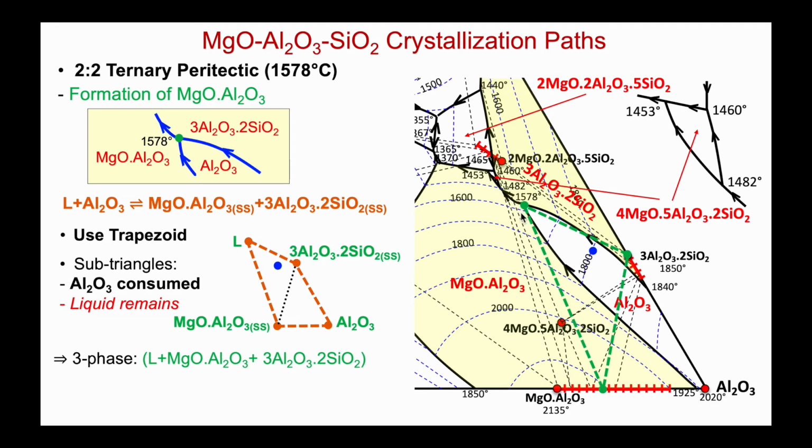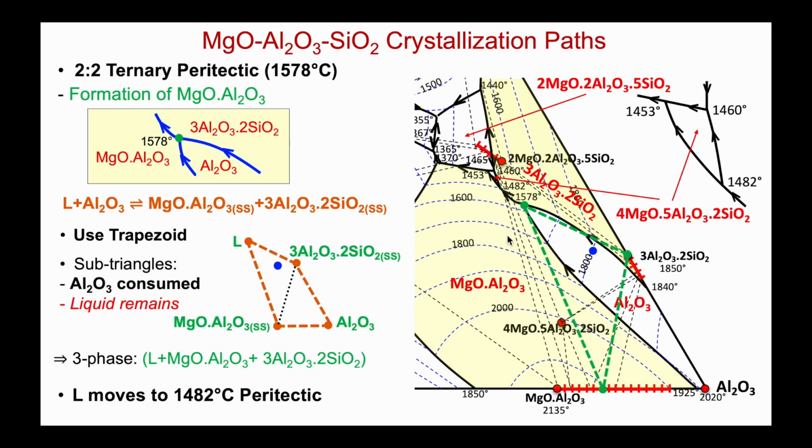Overall composition lying within the triangle, all three phases present, and still a significant amount of liquid remaining that needs to crystallize. The liquid is going to keep going to lower temperature. It's constrained to this liquidus valley. It's going to move towards the 1482 invariant reaction, which we'll see in a second is in fact a peritectic.